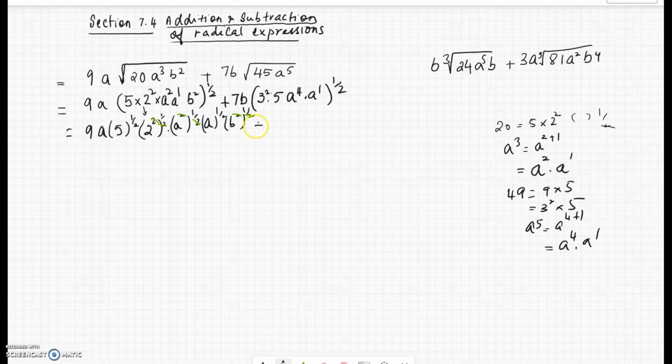Plus 7b, 3 squared to the half, 5 to the half, a to the 4 to the half, a to the 1 to the half.